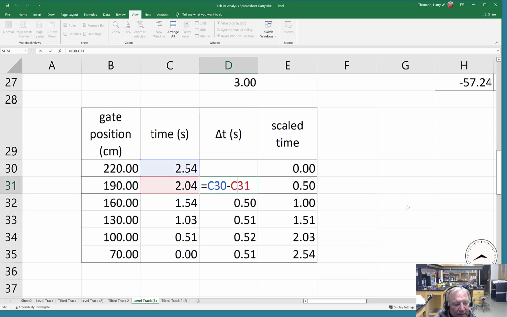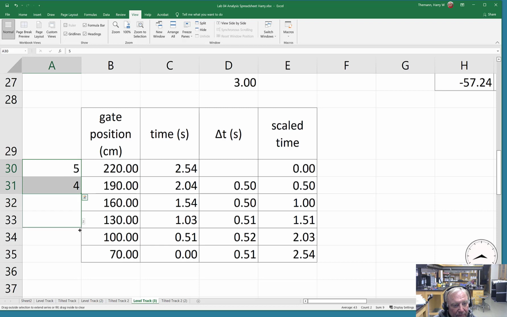Now that I have the delta t, and yeah, I see it's actually, you would have expected it would be the 2.04 first, but time can't be negative, so I arranged it so it's positive. So now I say, look, this is gate 5 here, 5, 4, so on.